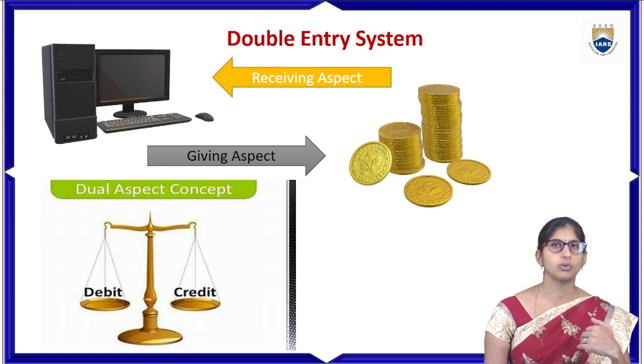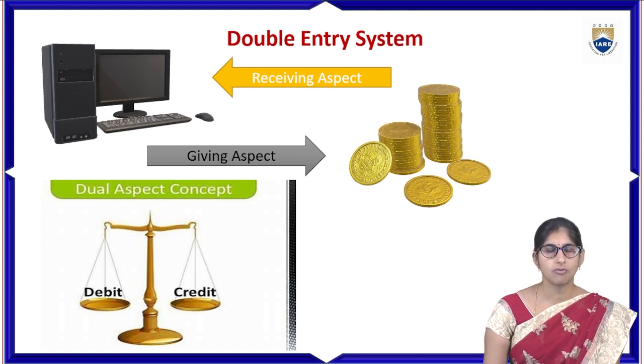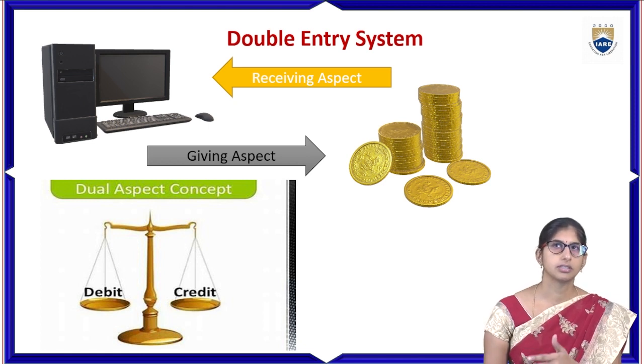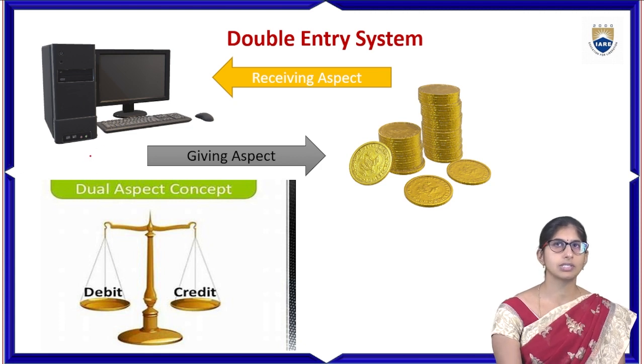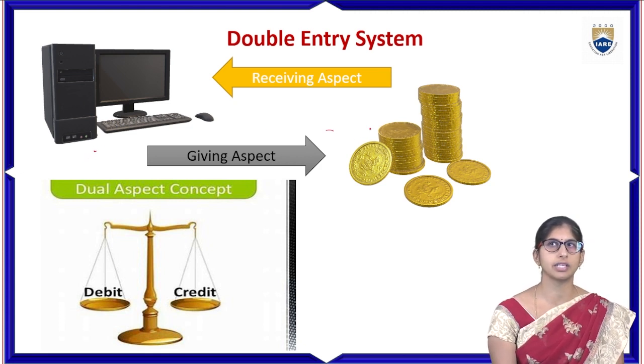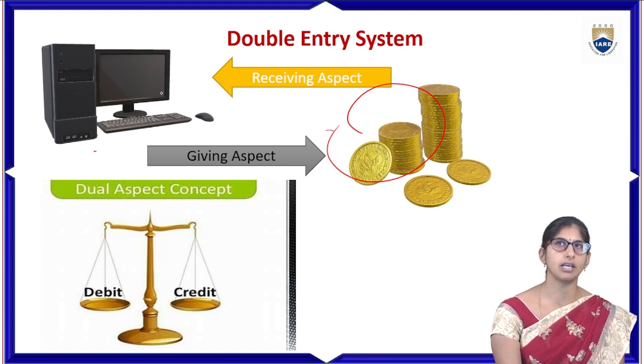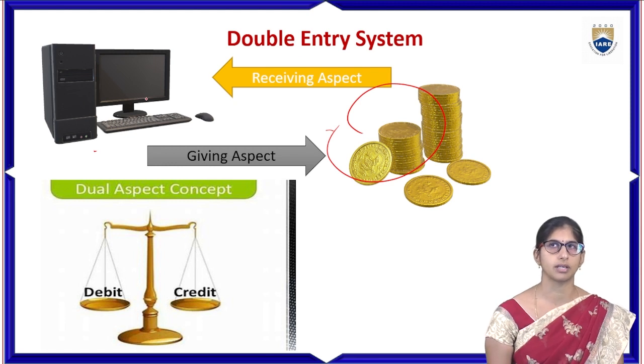We are going to sell the computer for the worth of so and so money. So we are giving a computer for the worth of money, and we are receiving money for the worth of this computer.